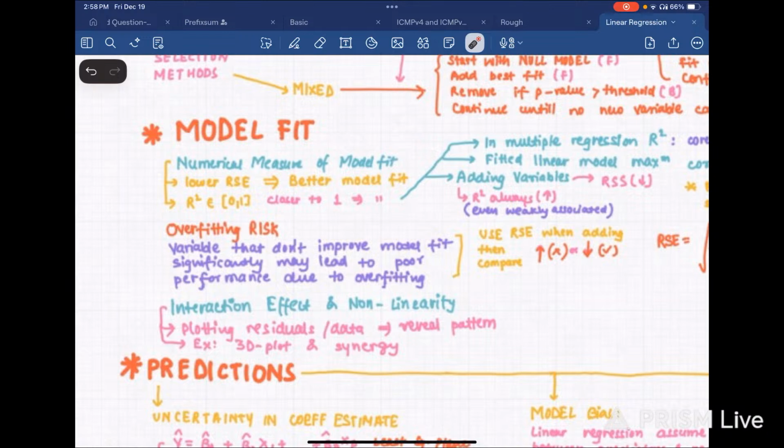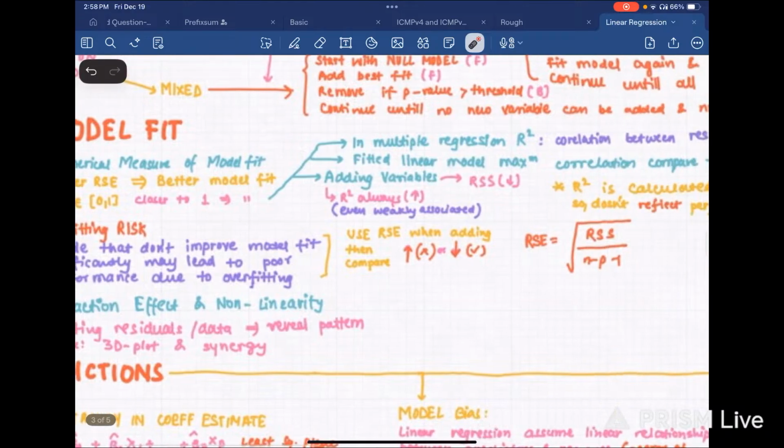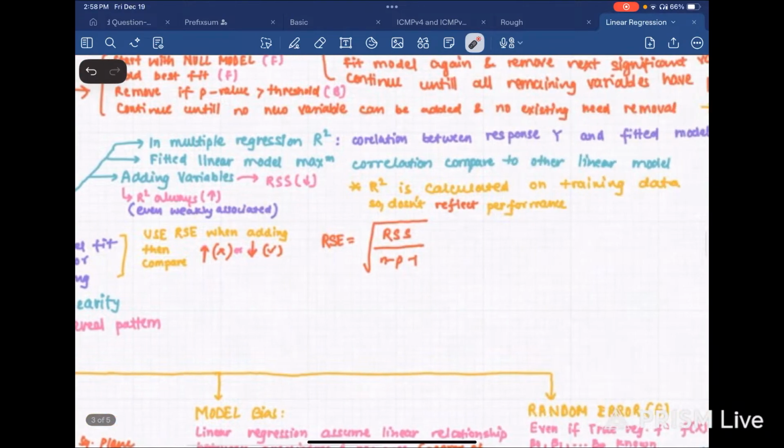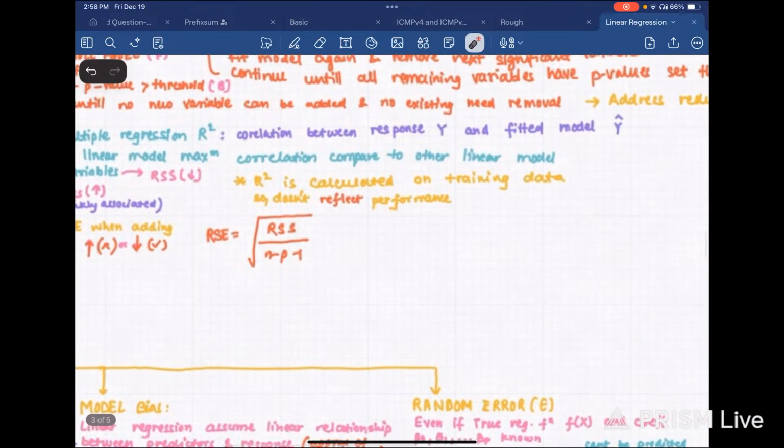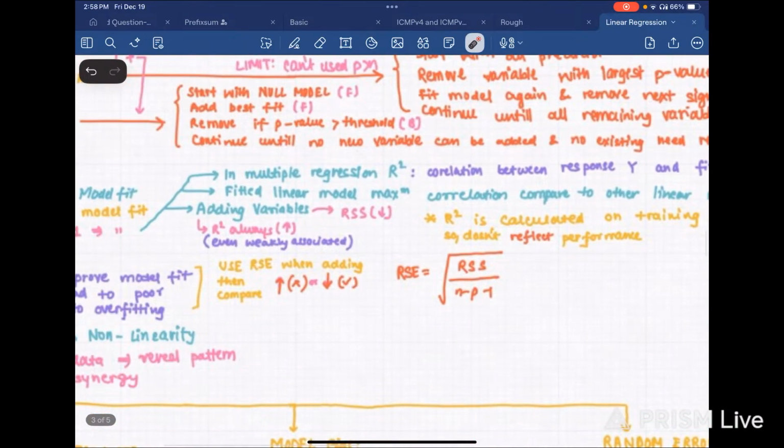R square is between 0 and 1, and if R square is closer to 1, then we can say that in multiple regression, R square is the correlation between the response y and the fitted model y hat, and the fitted linear model has maximum correlation compared to other lines.